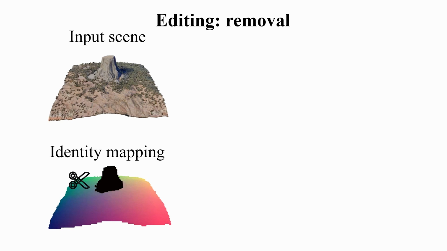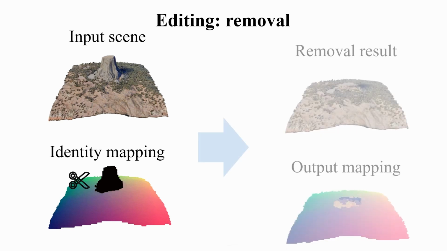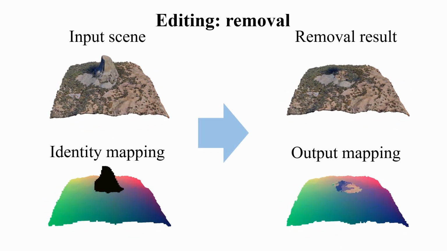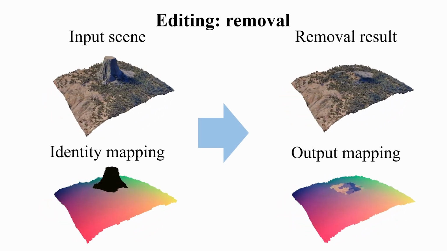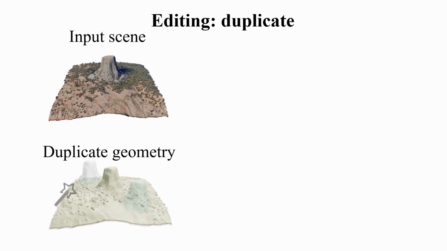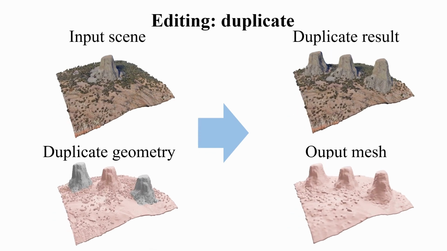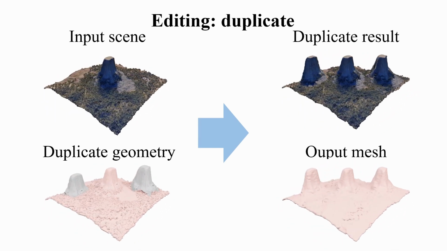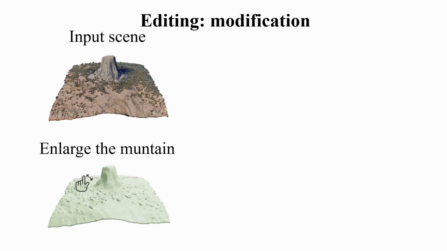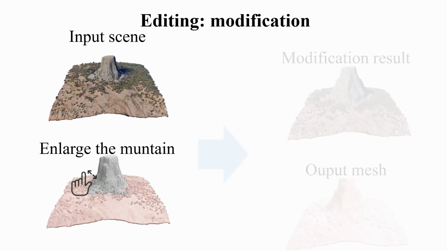For example, we can remove the mountain in the scene while inpainting the horizon. By directly manipulating the mesh geometry, we can duplicate the instance in the scenes. Moreover, we can enlarge the mountain by changing the mesh.